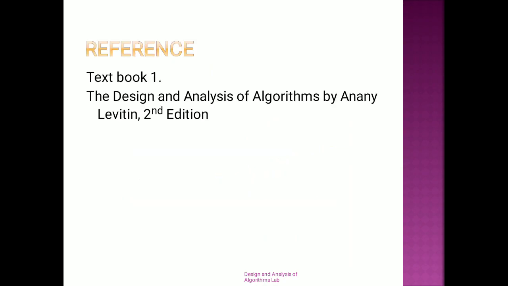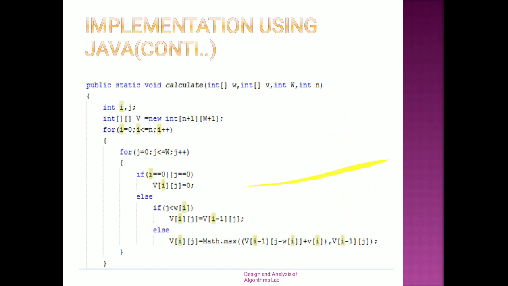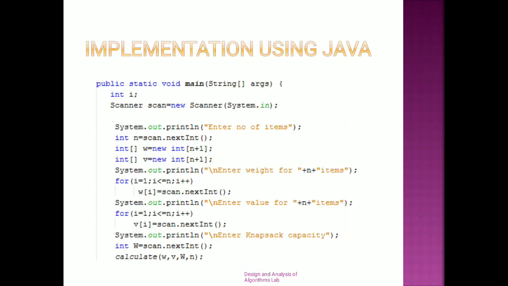The algorithm explanation you will get from textbook 1, Introduction to the Design and Analysis of Algorithms by Anany Levitin. For more explanation, please refer to the textbook. The algorithm is also there; you can write the pseudocode directly as the algorithm.